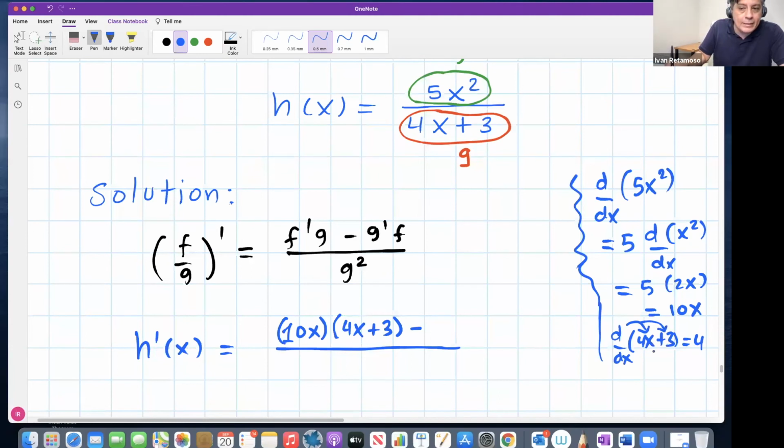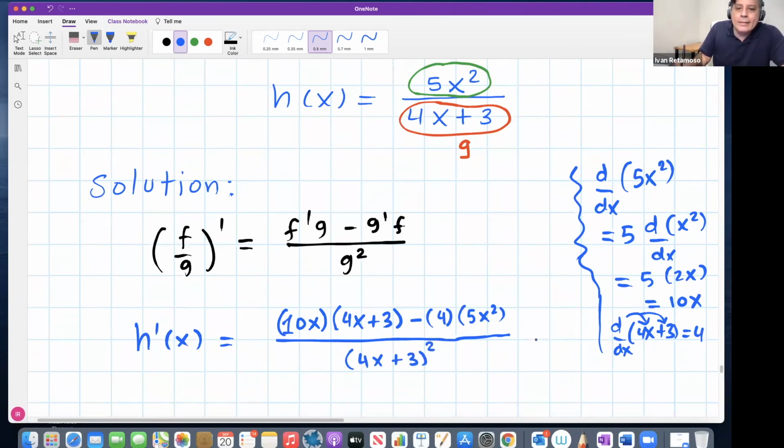So the derivative is just 4. That comes here within parentheses, 4 times the function f as it is, 5x squared. All that divided by the function g squared, so 4x plus 3 is squared.